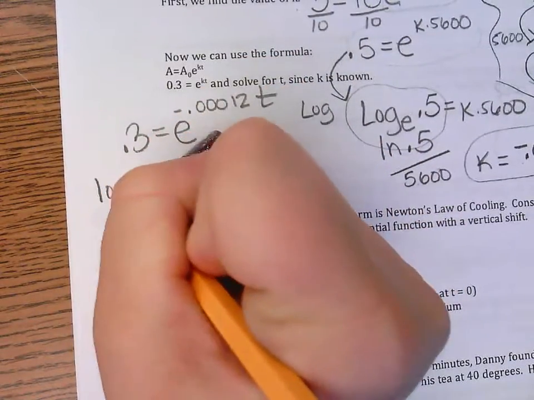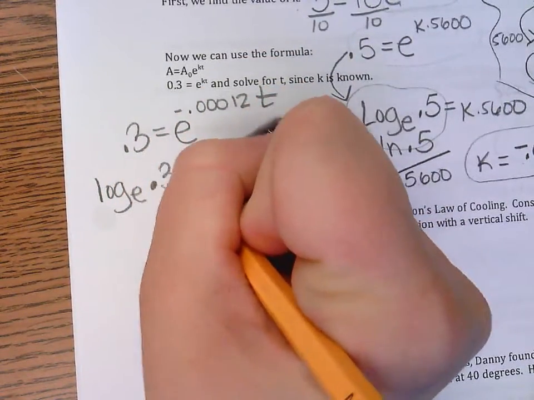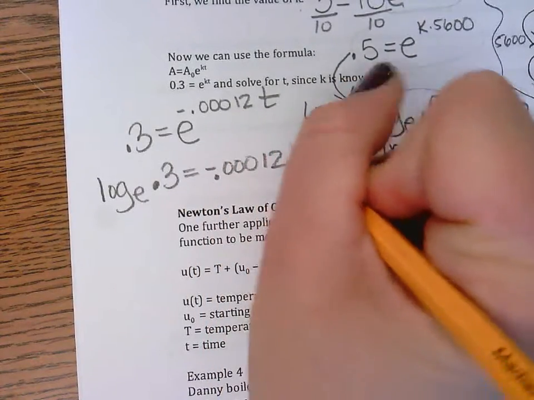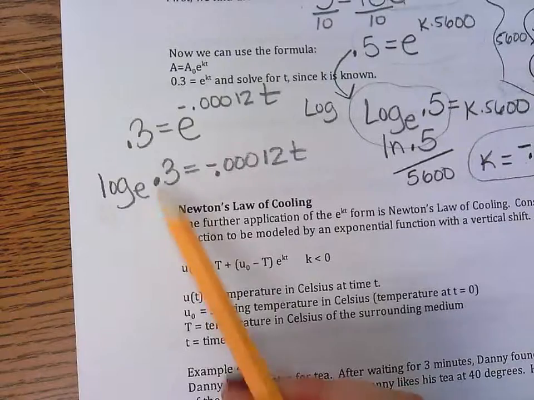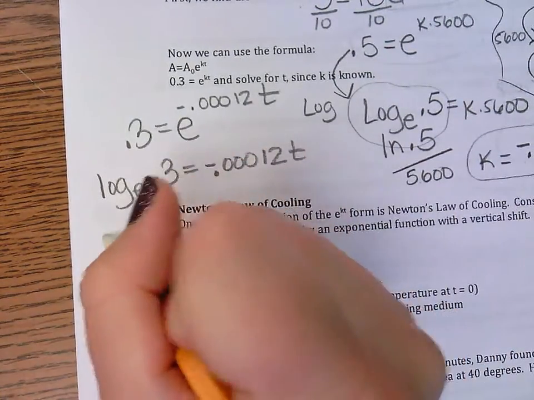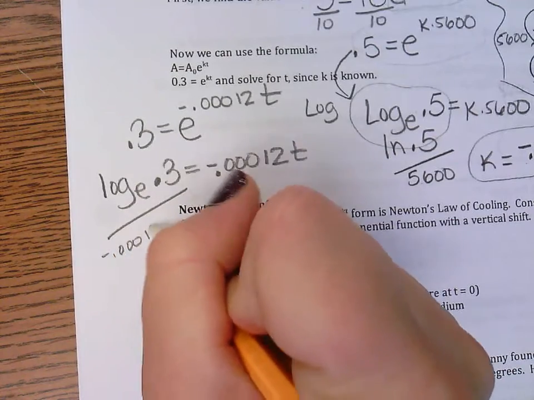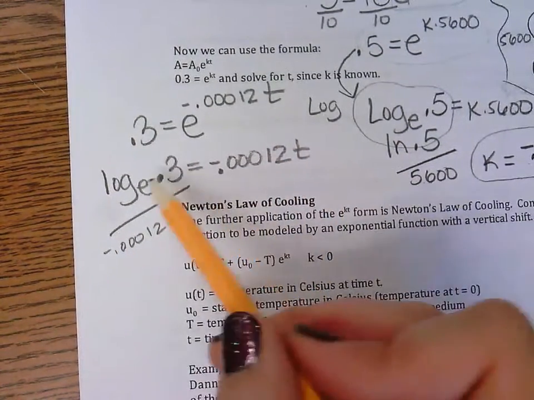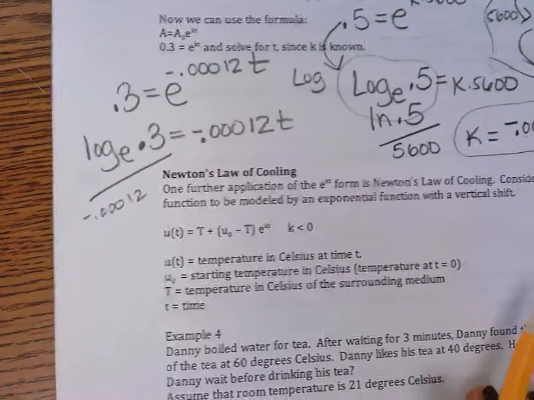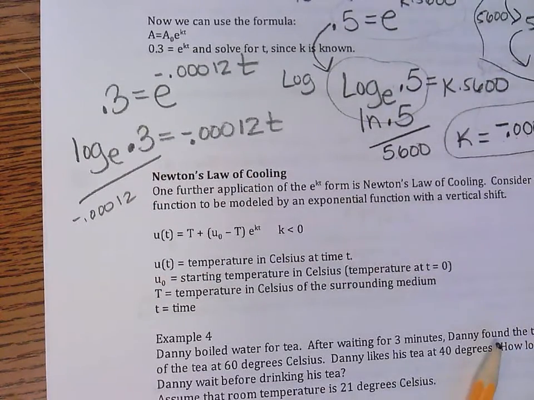Log base e of 0.3 equals negative 0.00012 t. So you're going to take the natural log of 0.3 and divide by the k value. You're going to see that that's the case a lot. You're always taking the log of this and dividing by the constant.